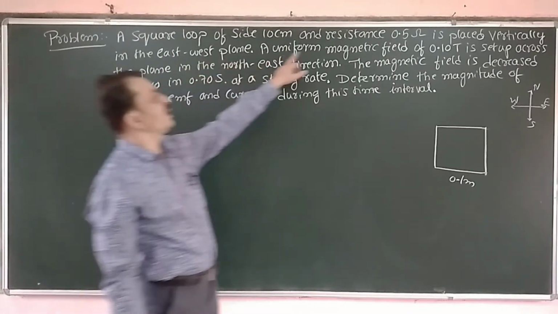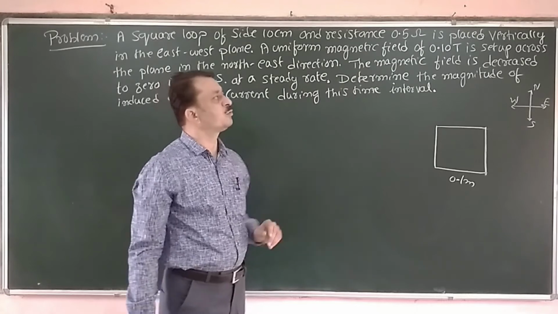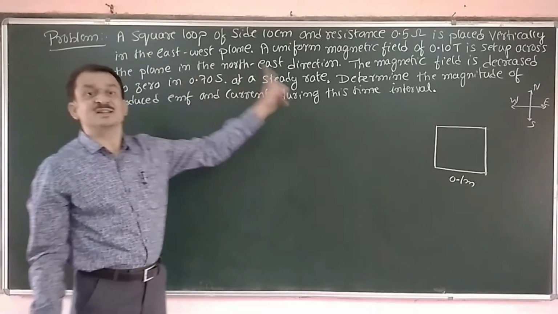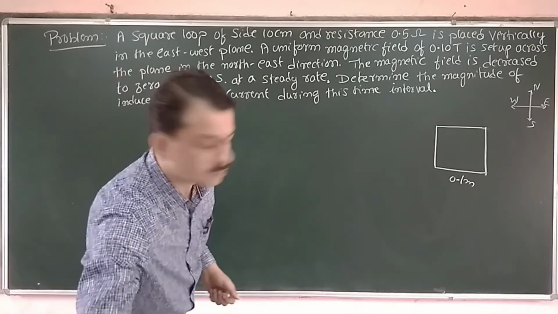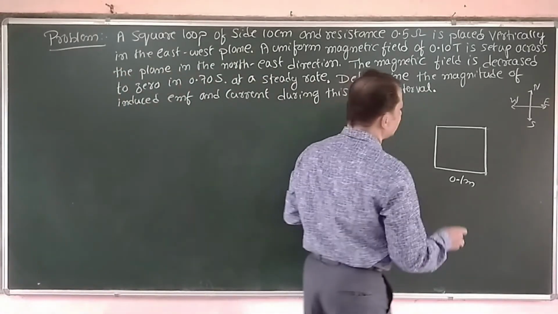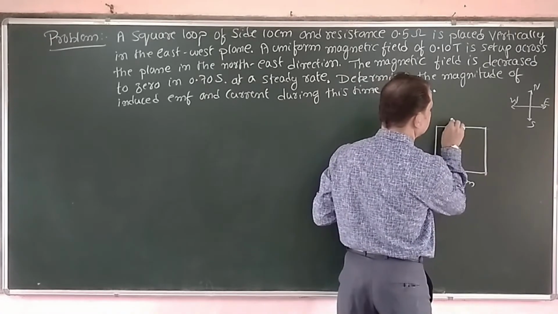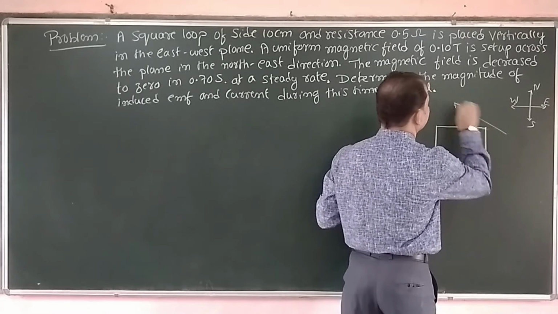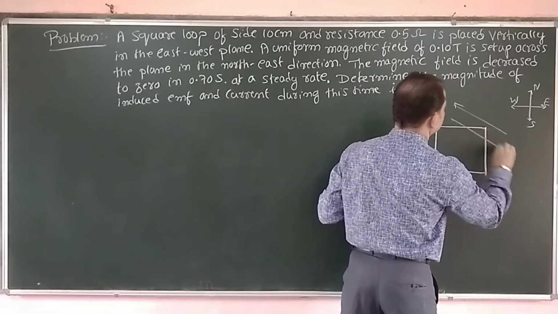Now they are applying a uniform magnetic field of 0.1 Tesla across the plane in the northeast direction. That means I am applying the magnetic field. This is the north and this one is the east. Therefore, the magnetic field is along this direction.